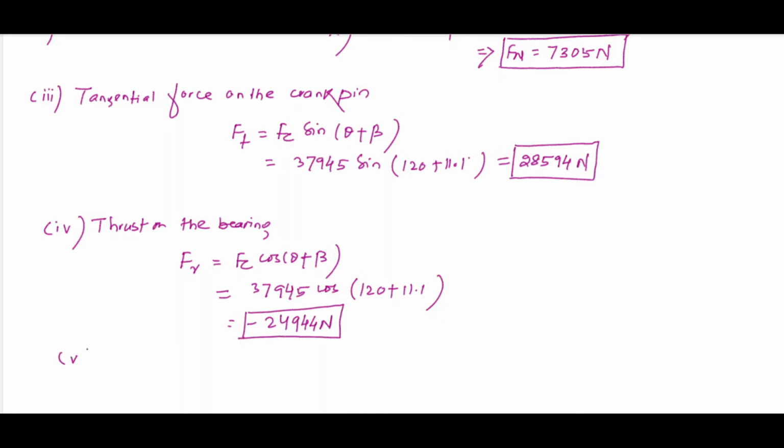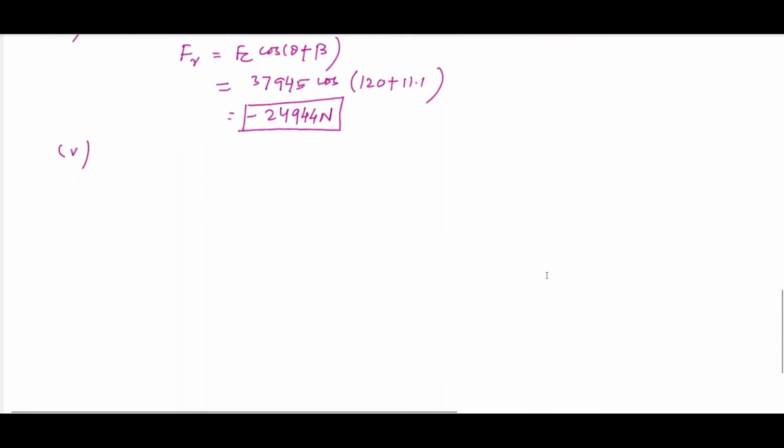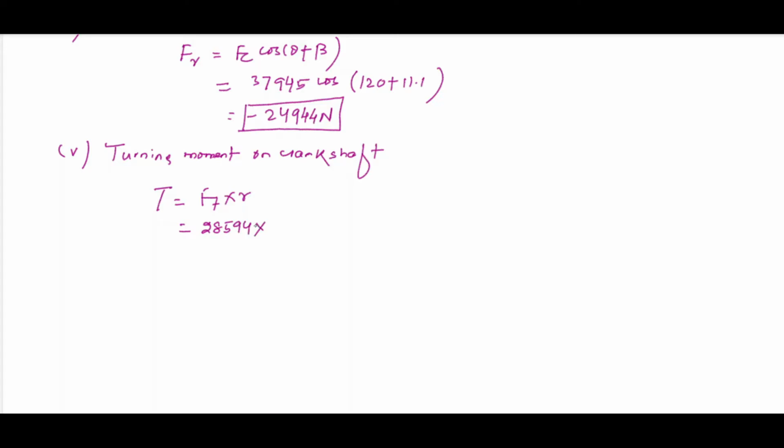Then fifth step is the turning moment on crankshaft. So this T we can find as your Ft multiply with R. So we got Ft as 28594 into R was 0.2622.